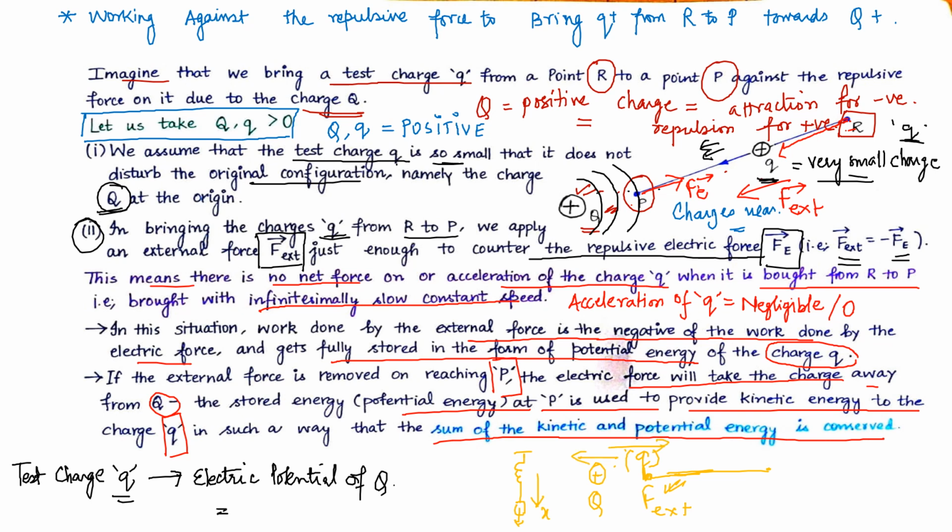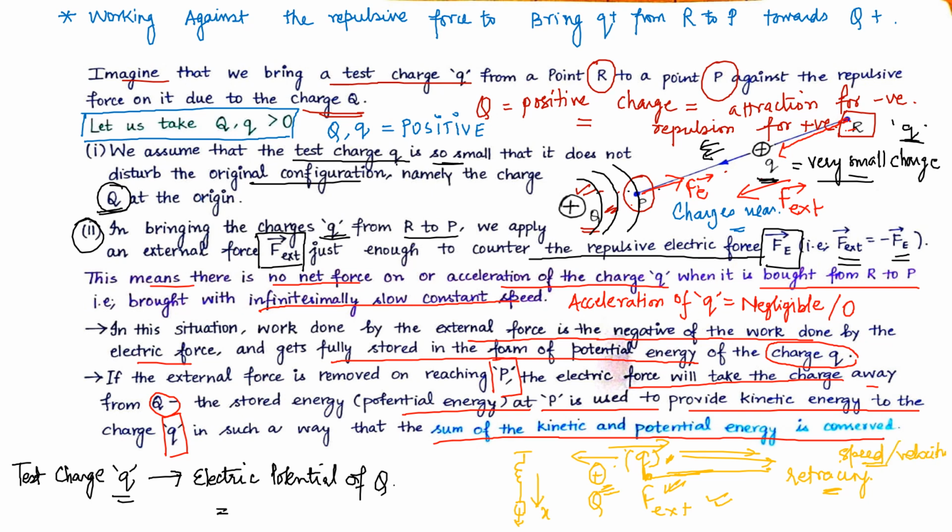As capital Q is a big charge, it will not move anywhere, but this small q is a very small charge, with negligible mass. It will aim at moving away from the capital Q charge. This is called retracing. Okay. In case the F external is removed, it will start retracing its path and moving away. When it is moving away, what will it gain? It will gain some velocity, some speed.